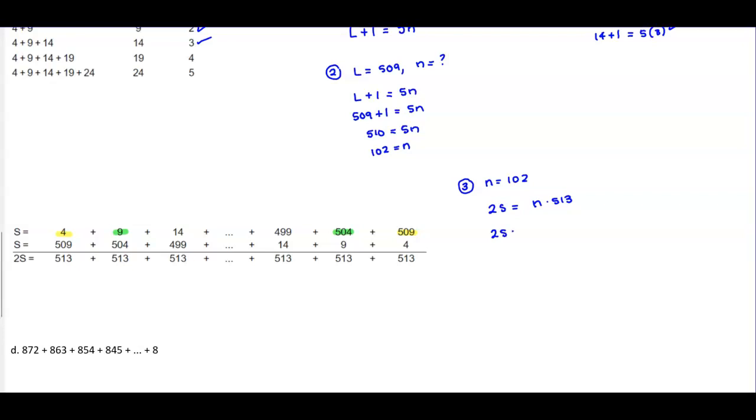So 2s is going to equal 102 times 513, which gives us the value of 52,326. Now to solve for s, we're going to divide both sides by 2, and therefore s is going to equal 26,163. So therefore, we would say that the sum of this sequence is 26,163.